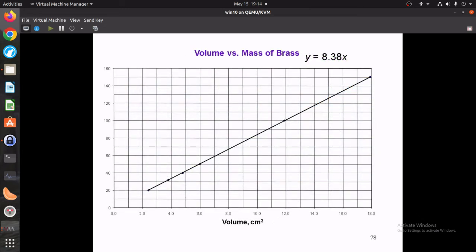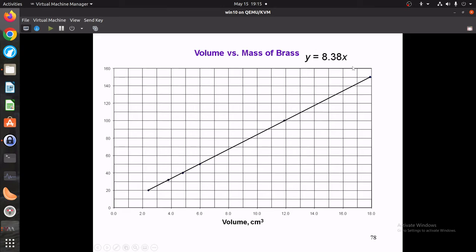One thing that we can do is actually use a technique called linear regression, where we're now taking every single one of those points that we had before, with the volume on the x-axis here and the mass on the y-axis. We can plot those out, and we can use a mathematical technique called linear regression. We see that we get a straight line.